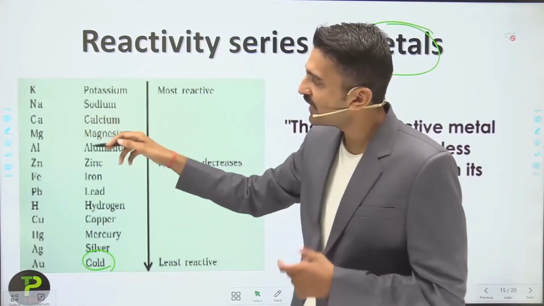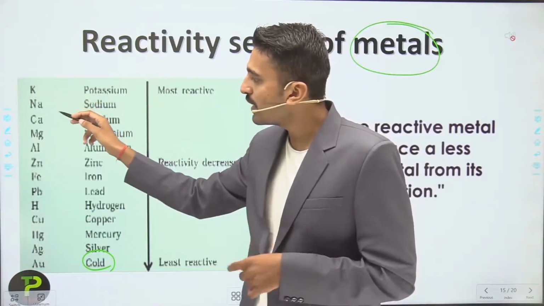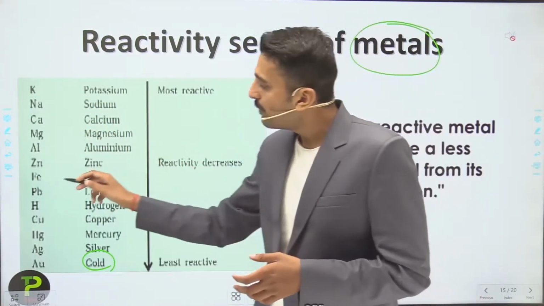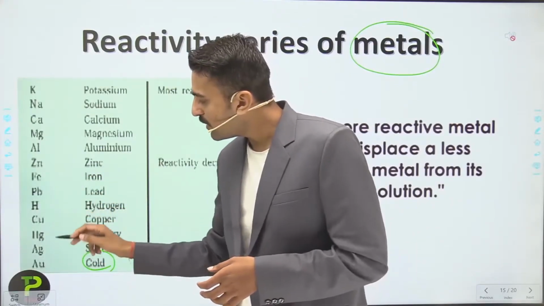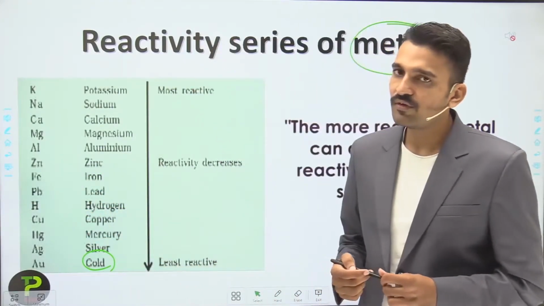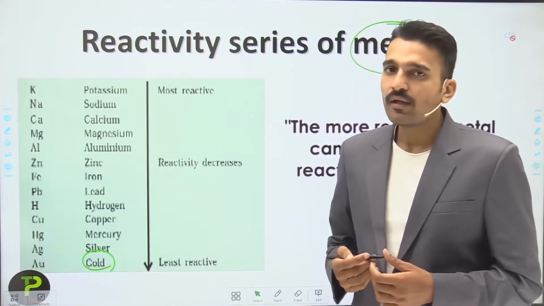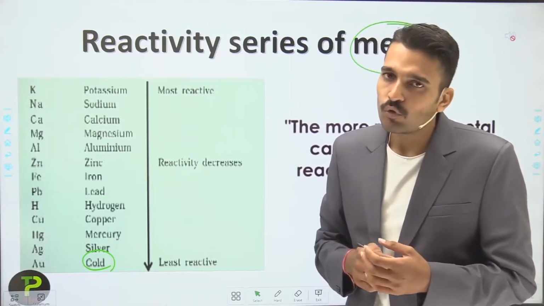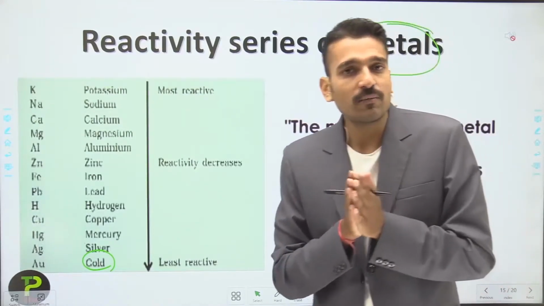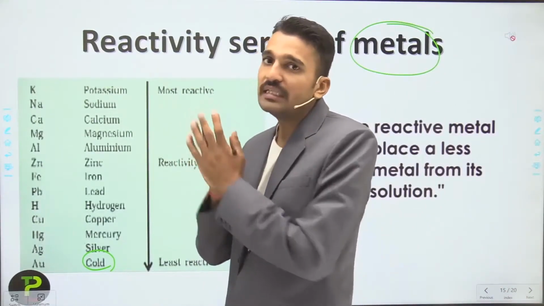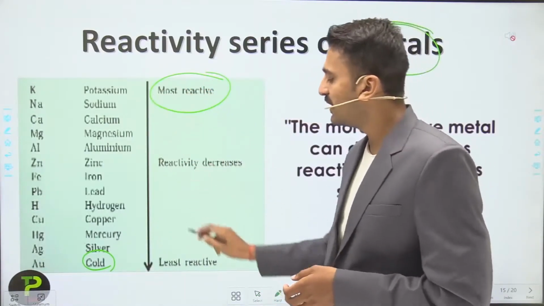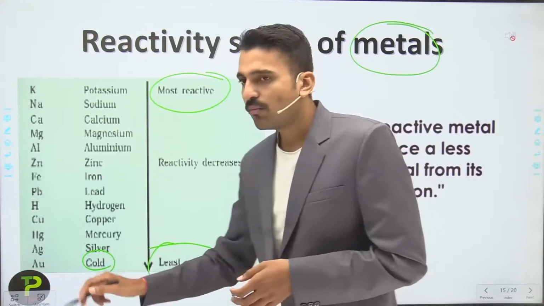Here is the reactivity series: potassium, sodium, calcium, magnesium, aluminium, zinc, iron, lead, hydrogen, copper, mercury, silver and gold. Platinum is also as less reactive as gold, but as suggested by CBSE we are using only this table. So the most reactive metal is placed at the top and the least reactive metals are placed at the bottom.